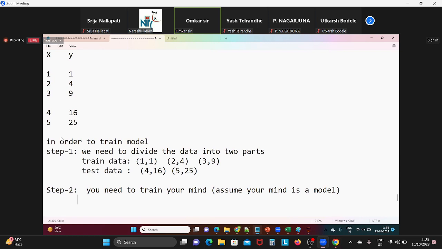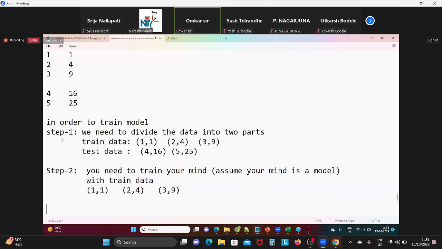Now train your model with the train data. In your mind you are passing observations: 1, 1, and 2, 4, and 3, 9. That means you are training with the train data. Now once you train, your mind will train and understand the pattern.